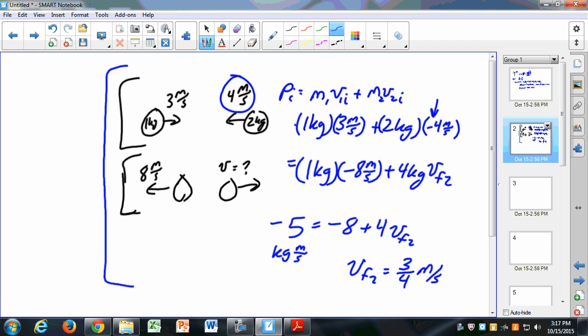Momentum is conserved in elastic or inelastic collisions? Both, right. Momentum is always conserved, only in elastic is energy conserved. And I always think of that because elastic collisions are really bouncy, and so those conserve energy better.